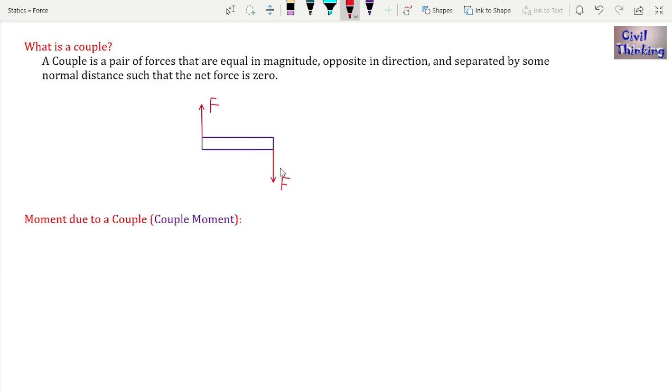It is up and this is down, and they are separated by some distance. Let us say the distance between them is x.